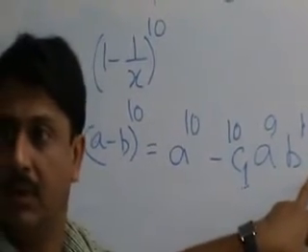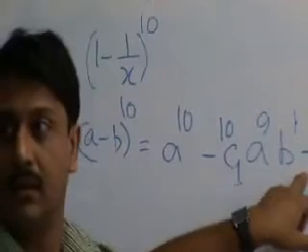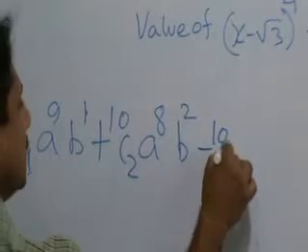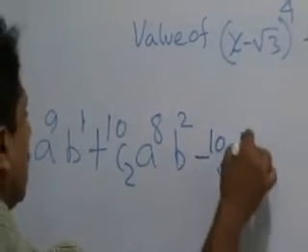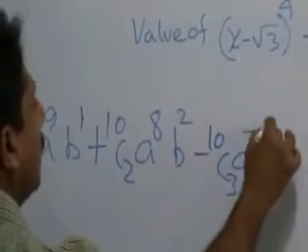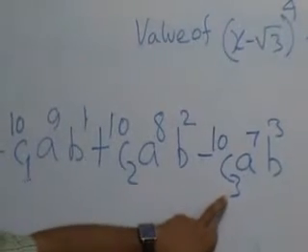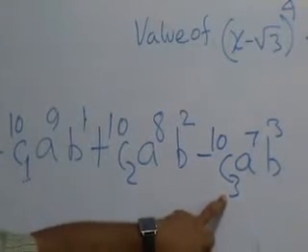Are you getting the point? Yes. Just see. So for example, the next term would be minus 10C3 b cubed. Now what is precisely happening? Minus 1 cubed is minus.